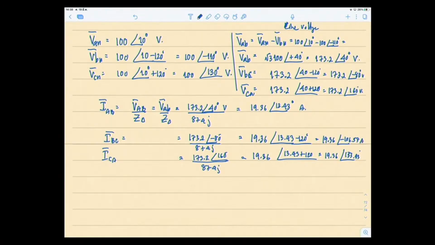Okay, so this is your phase current on the load side.